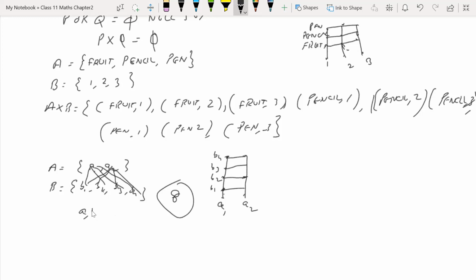(A1, B2) is not equal to (B2, A1). It means these are ordered pairs, not sets. Ordered pairs are equal if the order of their corresponding elements is the same. Then they are equal, otherwise not. The first element must equal the first, and the second the second. (A1, B2) is not equal to (B2, A1).